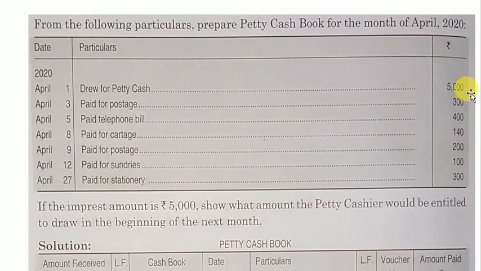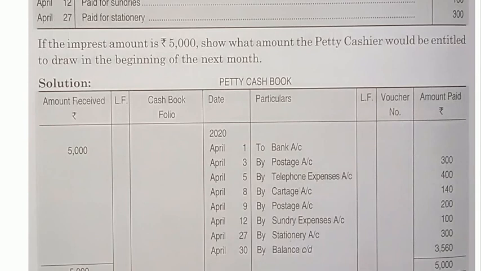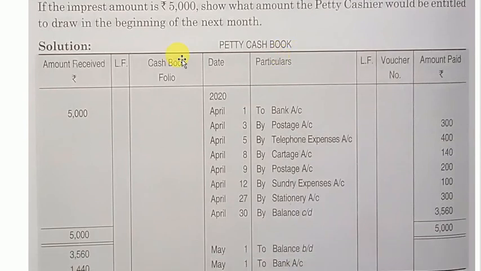That means the petty cashier received the amount from the head cashier or main cashier amounting to rupees 5,000. So how will it be recorded here? You can see that this 5,000 will be recorded here on the receipt side with an entry of 'To Bank Account' on April 1st, isn't it?